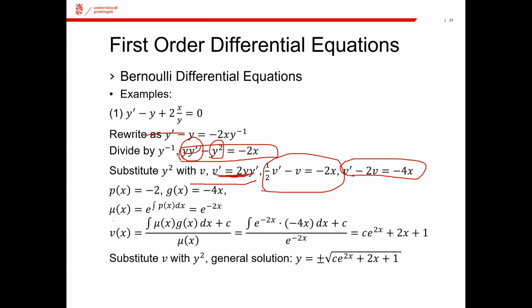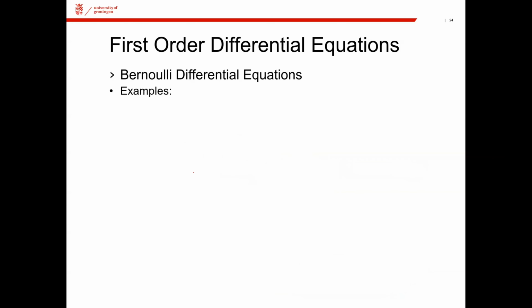And in the end, we substitute v with y squared, and then we will have the general solution, this one. Basically, that's it. And another example, we have the initial condition now. Still, the order is 1 and the number of initial conditions is 1, so we can solve for the actual solution in this case.